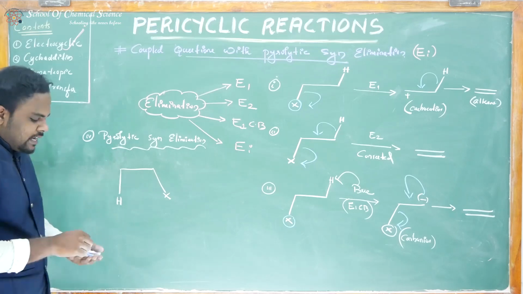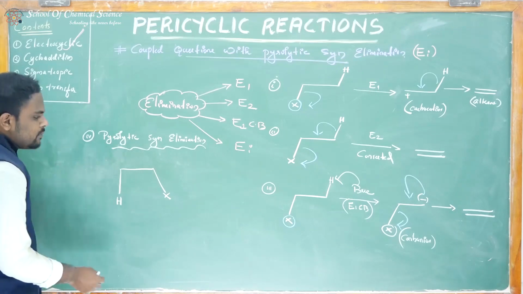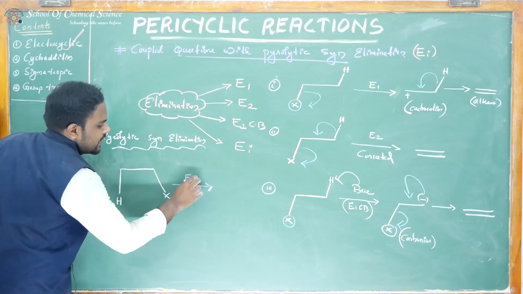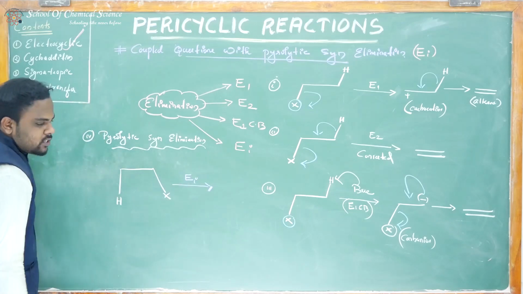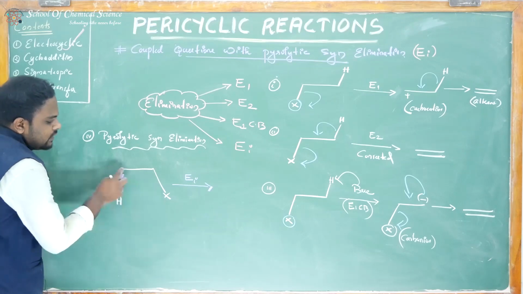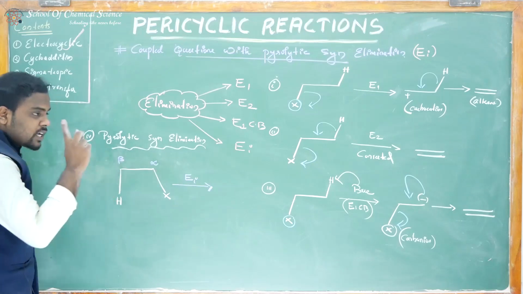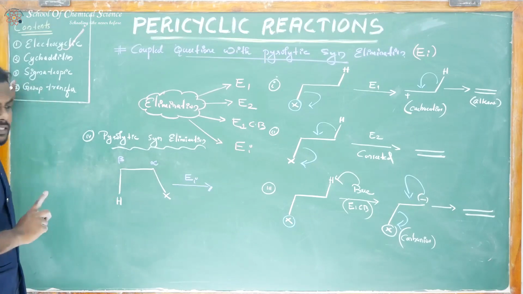In Ei mechanism, that is a syn elimination, the X group and the hydrogen are on the same side. This hydrogen is the beta hydrogen. This is alpha, beta, so you have to consider the beta hydrogen.